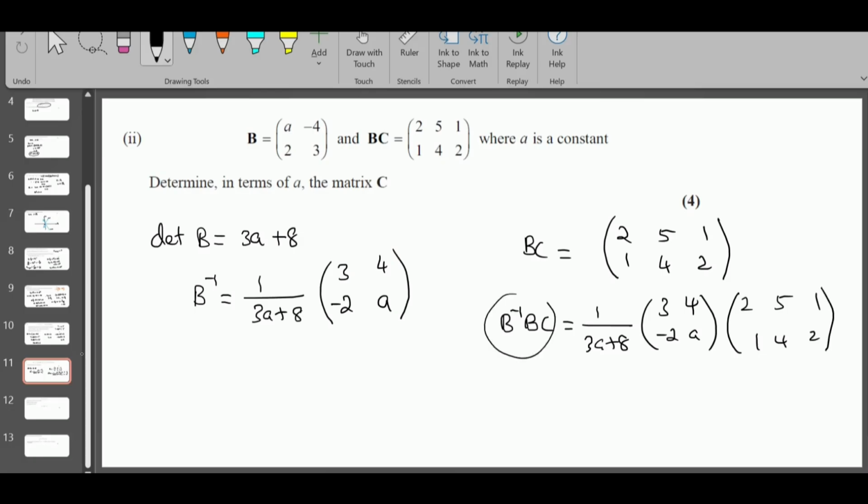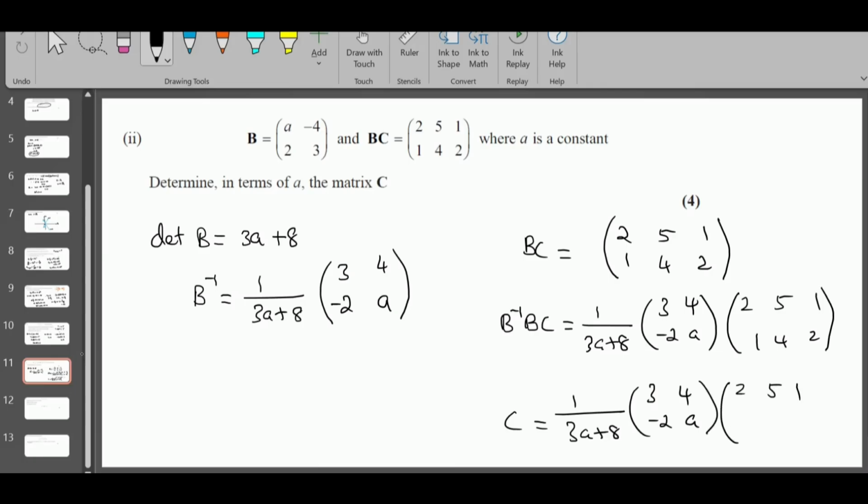The B inverse, when it's multiplied by B, will become the identity matrix I. I times any matrix, you will get just the same matrix. C is equal to 1 over 3A plus 8 times these two matrices.